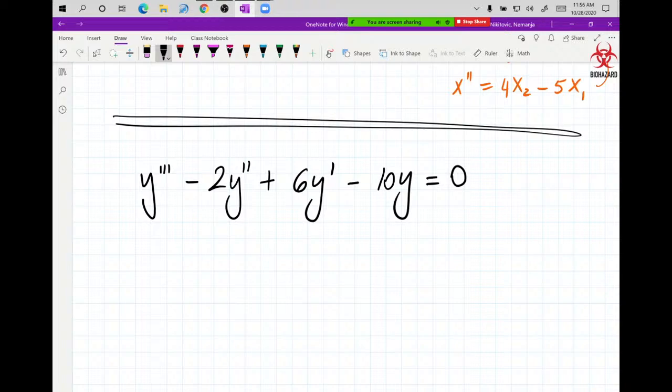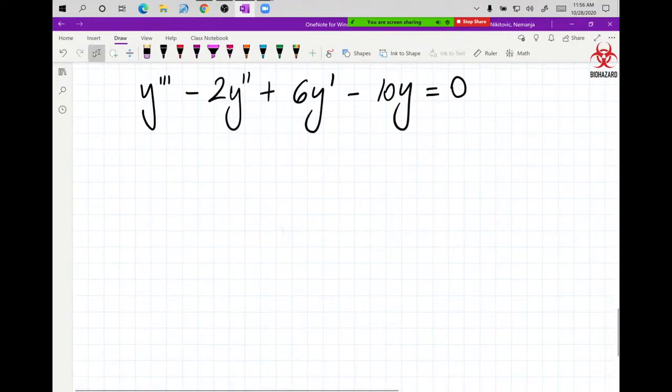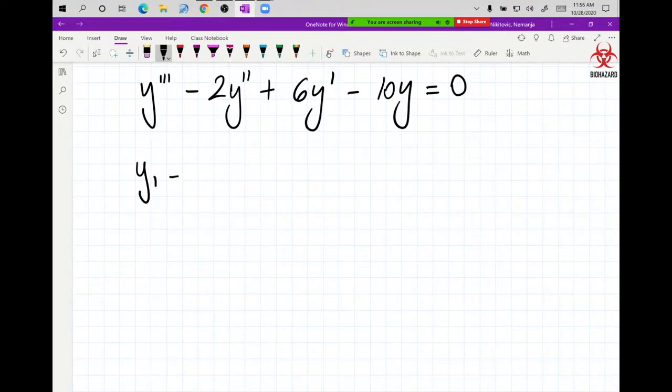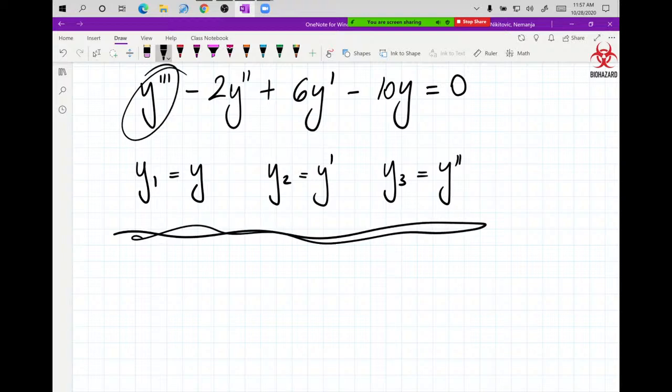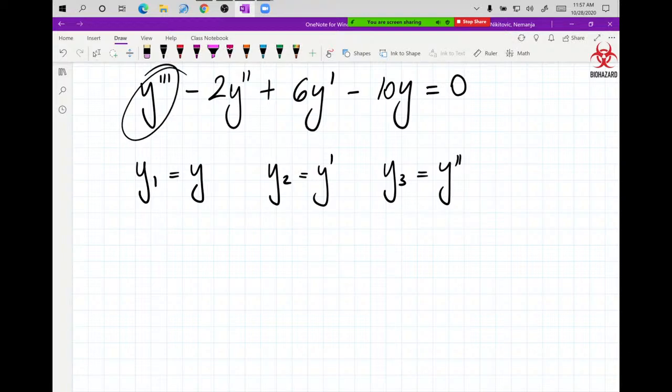Well, we do the same thing as we did above. We're going to assign y1 variable to be y, y2 variable to be y prime, and y3 variable to be y double prime. You always start with the setup with a number of variables equaling the order, and the highest order will not be represented in this first setup.